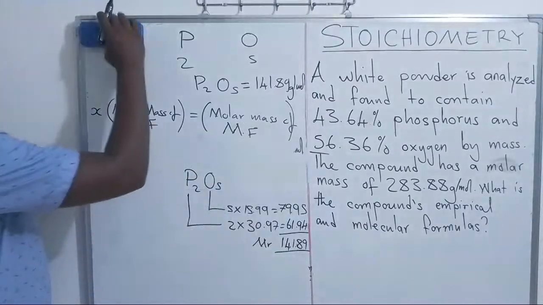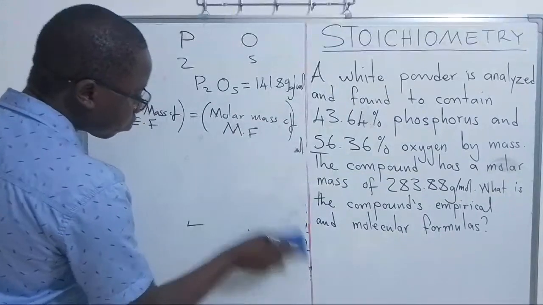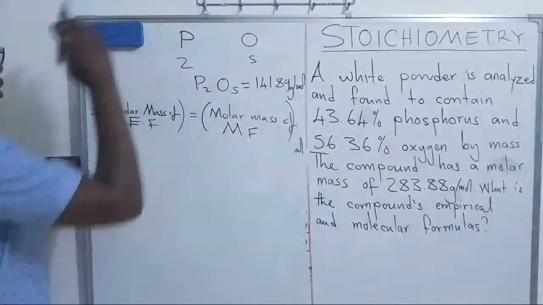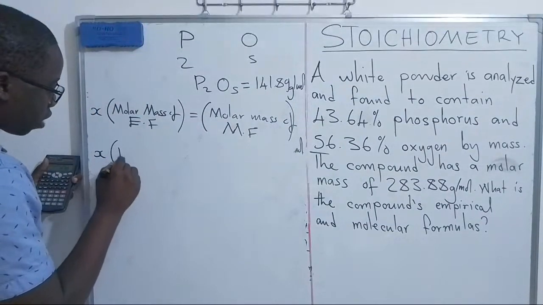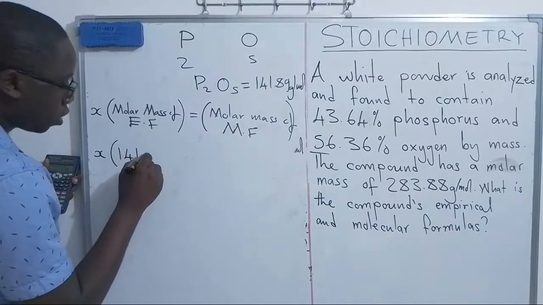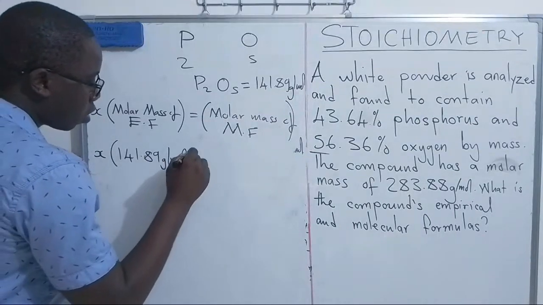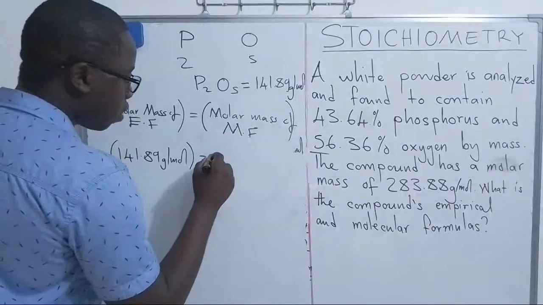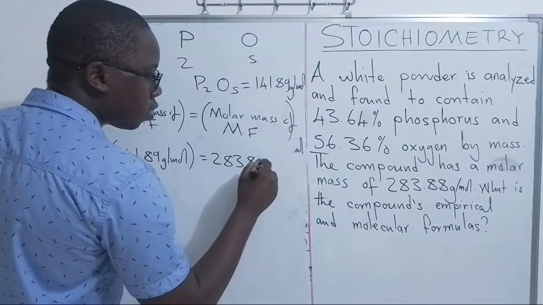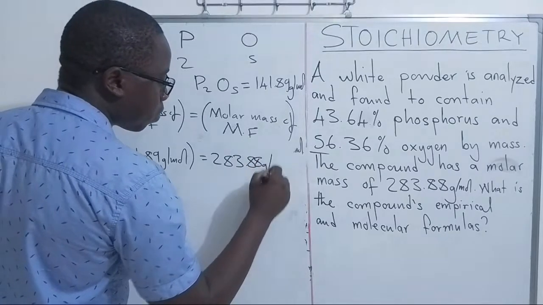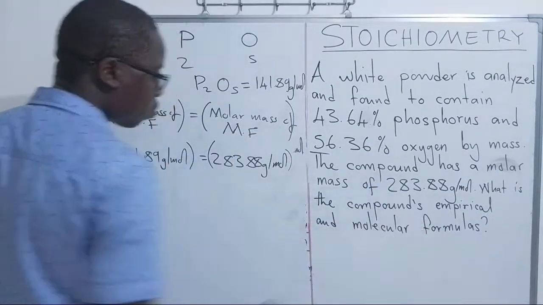Now we can put the molar mass of the empirical formula, 141.89 grams per mole, equal to the 283.88 grams per mole that we have been given as the molar mass of this molecule.